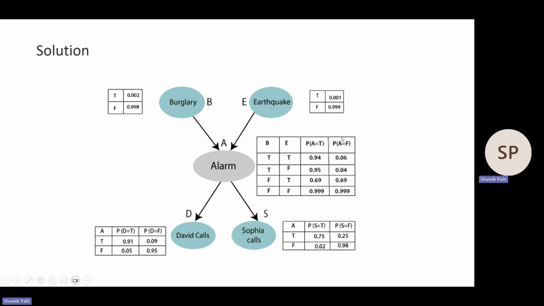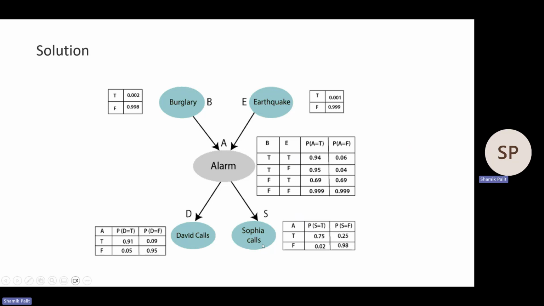Now, here also we have created one truth table with burglary and earthquake, and we have considered all possible conditions and then we start finding out their probability. Based on that, we can start finding out the probability of David and Sophia making calls respectively. And here also we have considered all possible conditions and start finding out the corresponding probability.